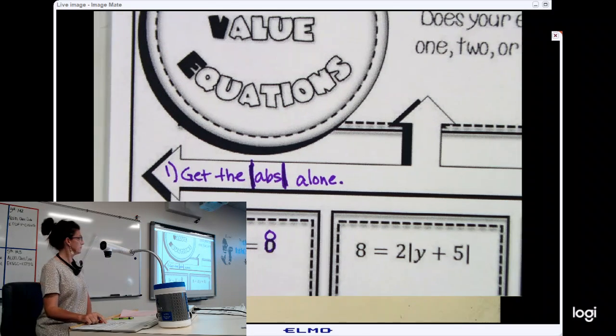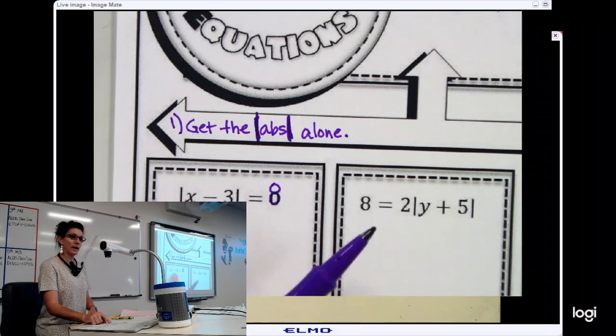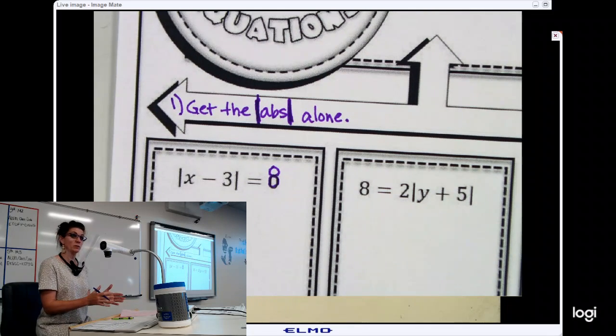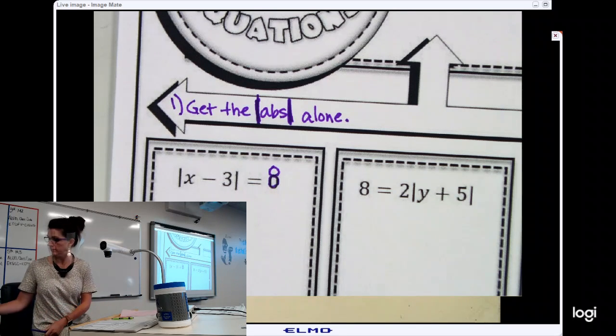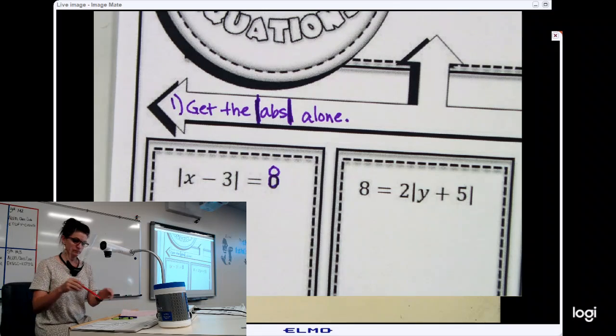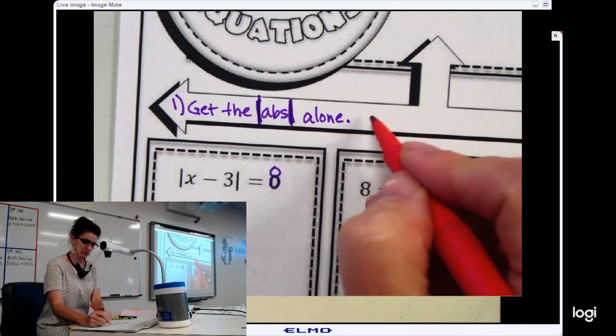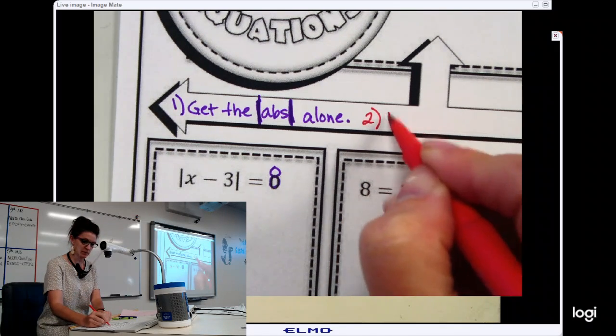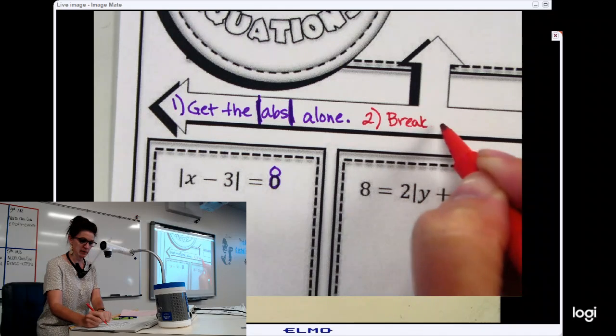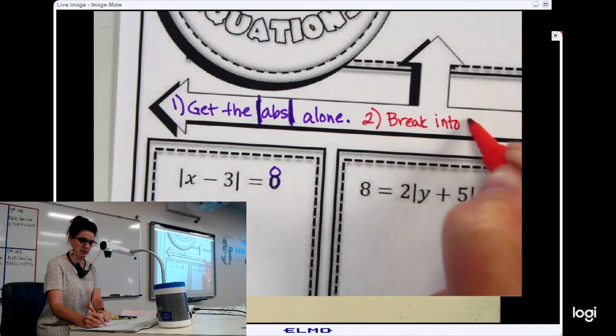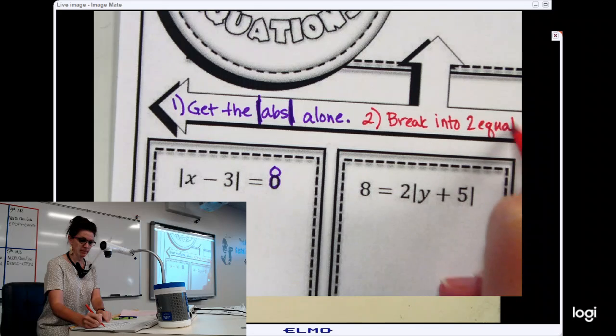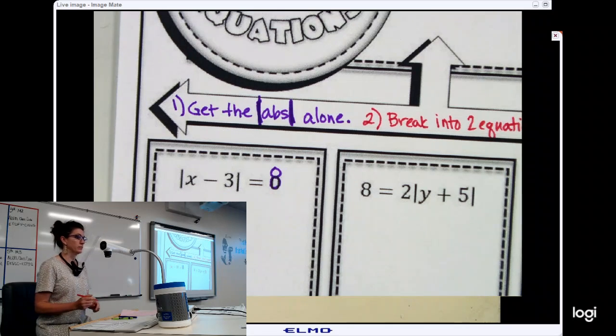And I look at my first problem here. The absolute value is on its own side of the equal sign, right? There's nothing else there with it. So we've got step number 1 done. The second thing we're going to do is break it into 2 equations. One positive and the other negative.